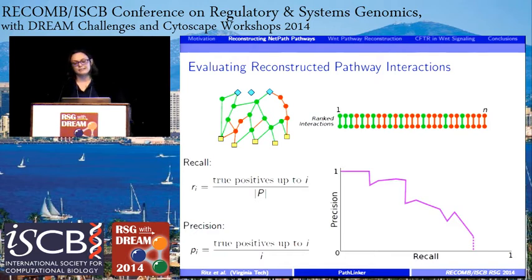So what we do is we subsample a set of negatives from the universe of all possible negative interactions, and we subsample at a ratio of 50 negative interactions to every positive interaction. In addition, we also exclude interactions that contain at least one protein that's in the known pathway. We call these pathway-adjacent negatives. And these could be the fact that curators just haven't gotten to curating that interaction yet.